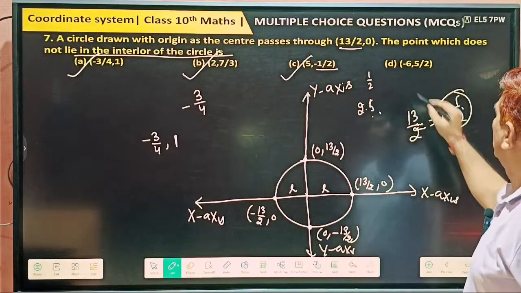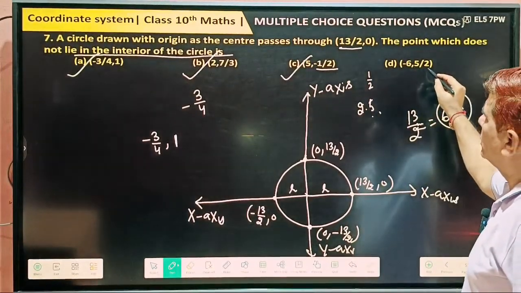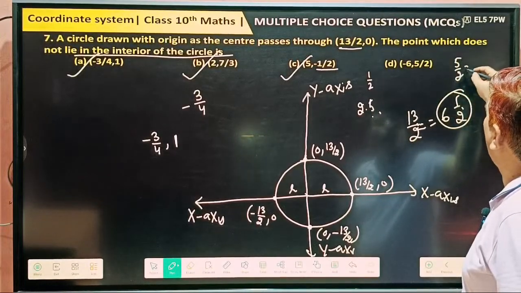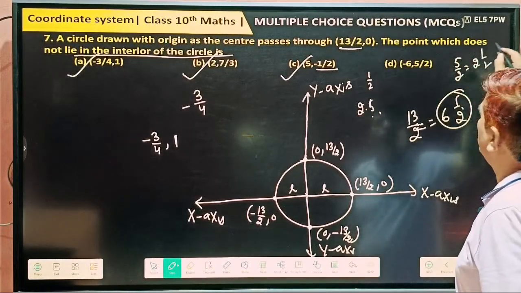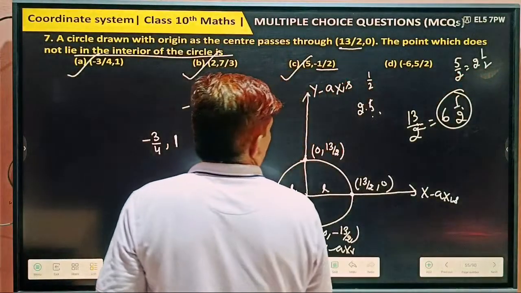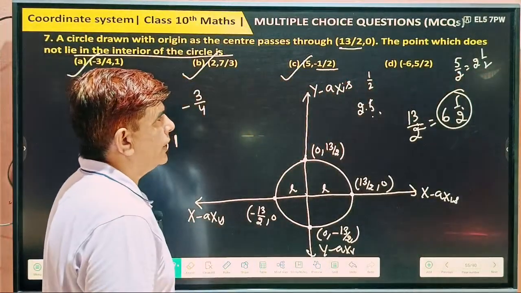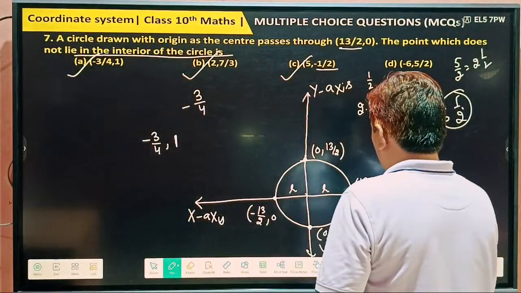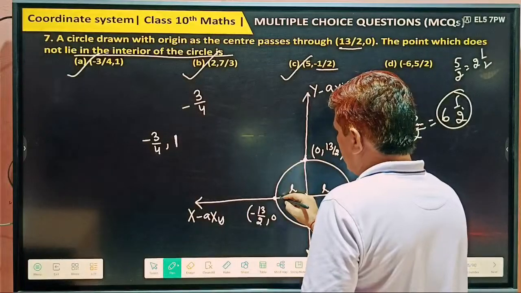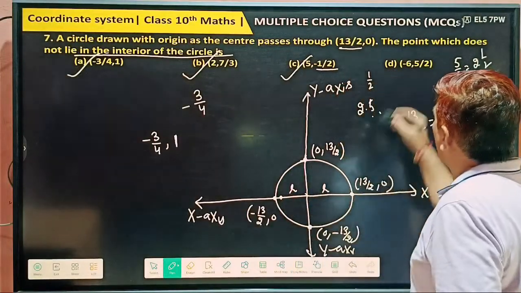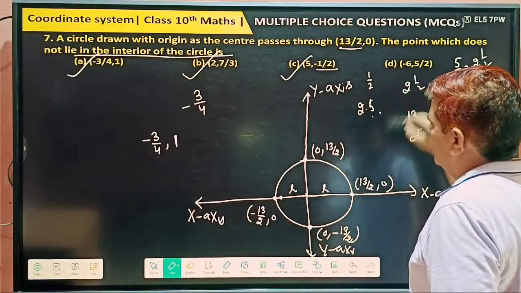This is 6, and what is this? 5 by 2, which means 2 and a half. Minus 6 is also lying inside it, on this side.